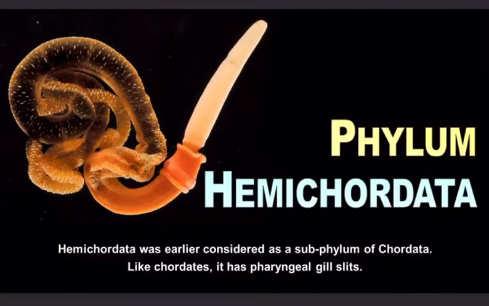As all of us know, we have been dealing with chapter number 4, Animal Kingdom, Kingdom Animalia, and in that so far we were discussing all the invertebrates, right from phylum Protozoa to phylum Echinodermata.